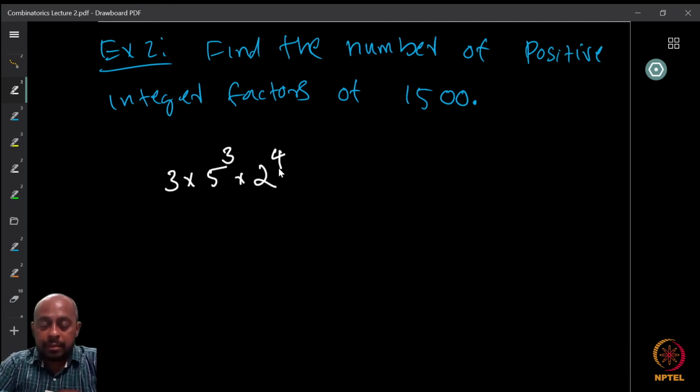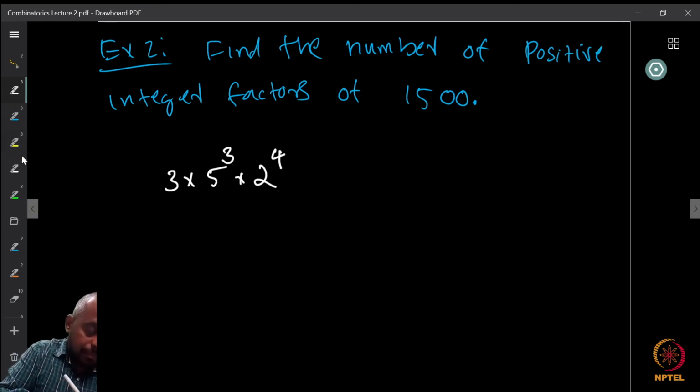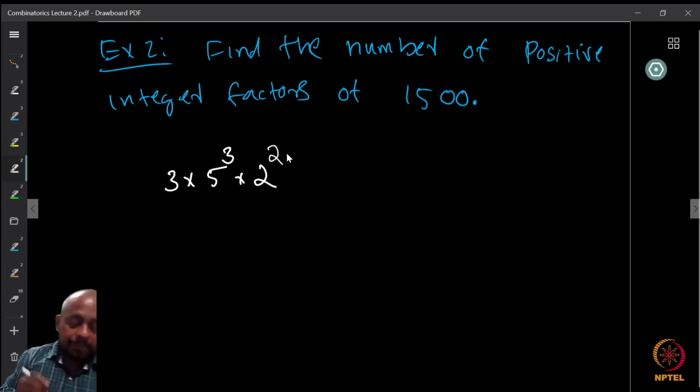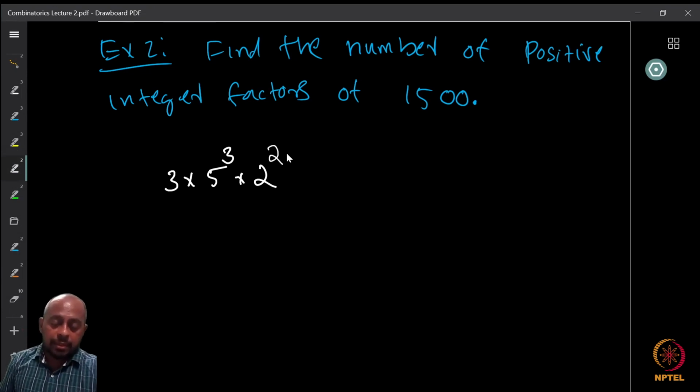Is it correct? 3 into 5, 15. Then I have 25 into 4, which is 100. No, 2 raised to 2. Okay. So 2 raised to, how many are there? Not 4, right? How many are there? 2 raised to 2, right? So 25 into 4, which is 100, and then 3 into 5, 1500, right? So 3 into 5 raised to 3 into 2 raised to 2, right? So this is the prime factorization of 1500.